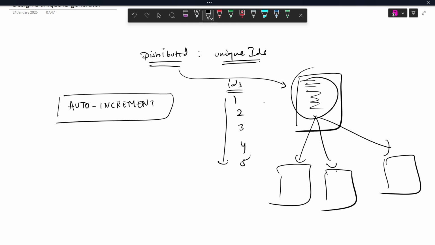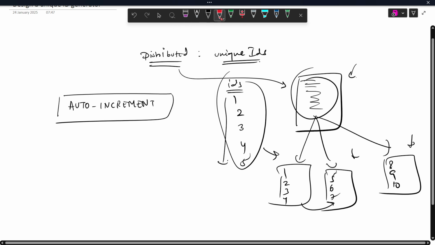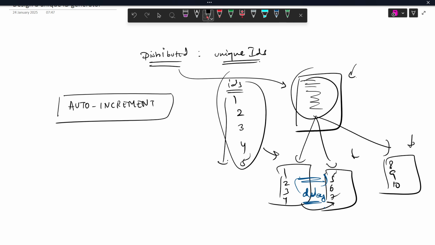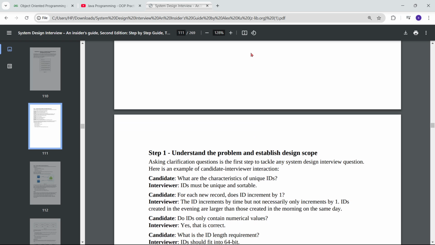The auto increment function can work very well in such a scenario, but in a scenario where information is distributed, incrementing these IDs with minimal delay across different servers is hard. For example, here it is 1 2 3 4 5, here 5 6 7 8 9 10, and generating from here to there, there will be some delay. So doing this with minimal delay is very hard. So that is why we can't do this.